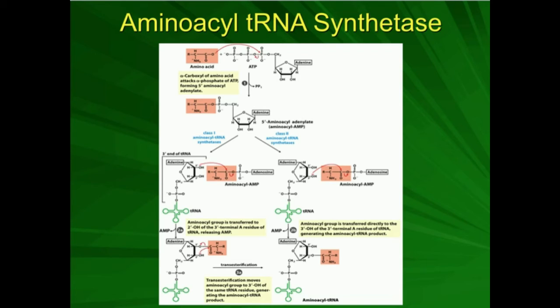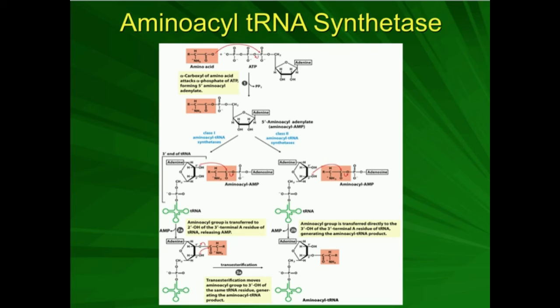So what has to happen in a follow-up step is what's called a transesterification, meaning we're going to switch the hydroxyl that is in the ester linkage to the amino acid. So the 3' OH now attacks that ester, acyl substitution, and now you effectively substitute this amino acid onto the 3'. So the net result of either one of these classes is the same. Okay, you get the amino acid in an ester linkage onto the 3' OH of the tRNA, and that 3' nucleotide happens to be an adenosine, but it just does so through a different mechanism.